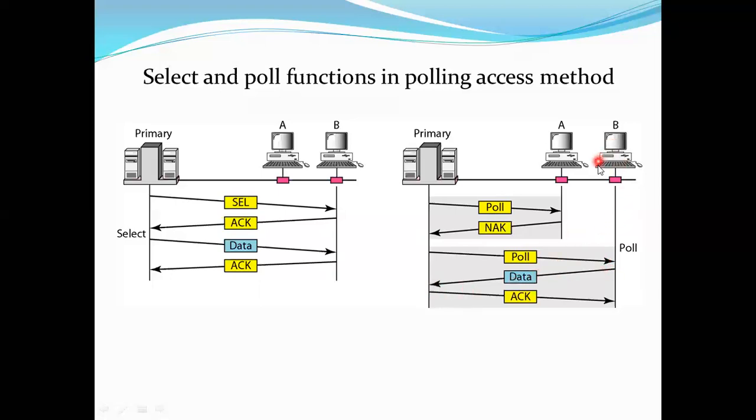In this case, what happened? There is data to be sent in station B. Now it receives the poll from the primary, so immediately after receiving the poll, it sends the data to the primary station.